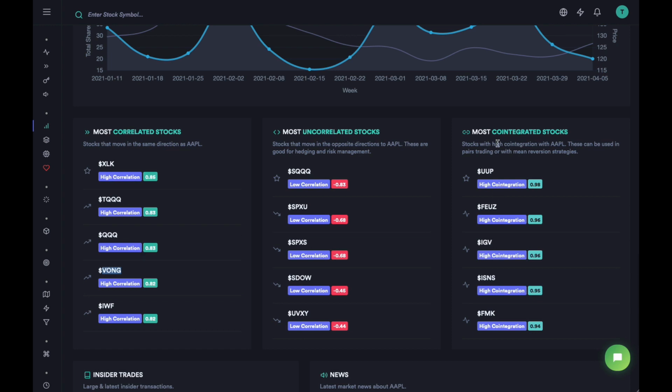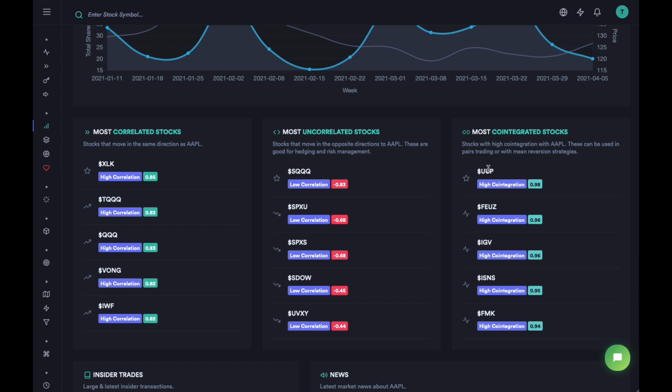So co-integrated is a slightly complex concept, so I'll try to explain it, and then in some other videos we'll go into detail. Co-integration means that two highly co-integrated stocks, so Apple and UUP, let's say, always move at an equal distance from each other. So the distance between their prices always stays the same.